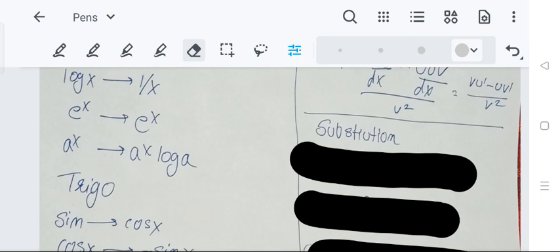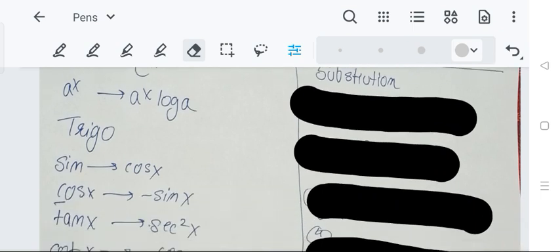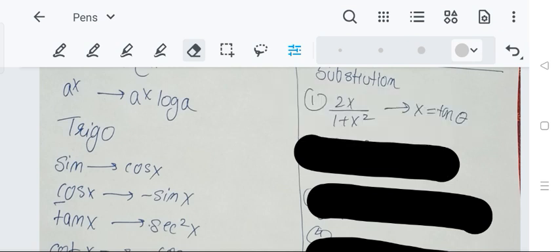Now some important substitutions for differentiation. The first substitution is that if you get 2x divided by 1 plus x square, then you have to substitute x is equal to tan theta.